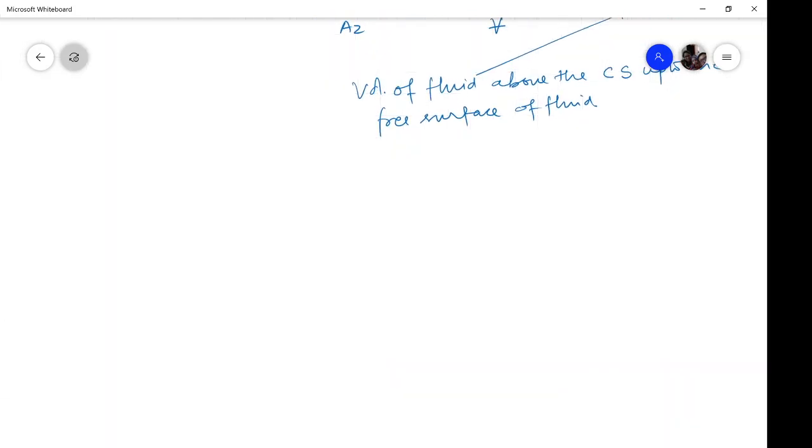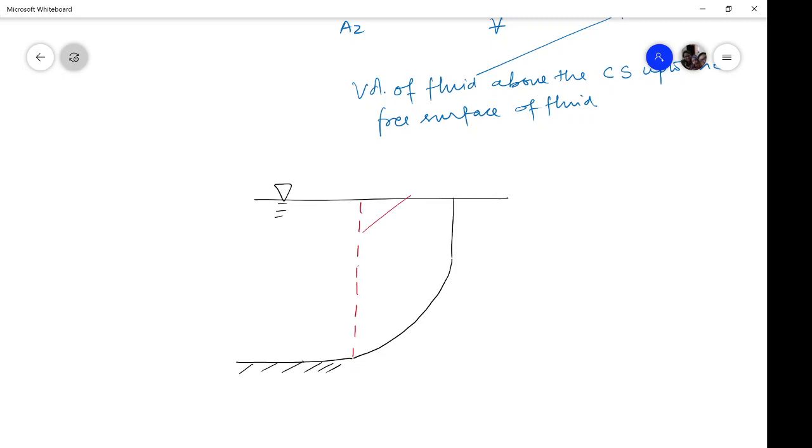To make this clear, once again consider the same problem which we have taken, that this is the curve, and you are interested in what is the force acting on this curved surface. If this is the case, then you move from the surface up to the free surface, so you arrive here.